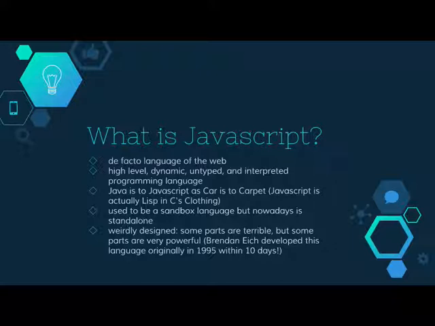It's actually pretty close to Lisp, but the syntax looks like Java or C. And it used to be only a sandbox language that only runs in your browser, which means it has no I/O access, and it cannot draw images or read or write files on your computer. But nowadays people are developing tools for you to do a lot of cool stuff.